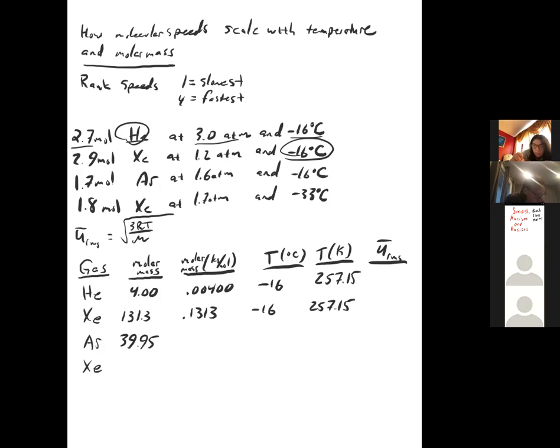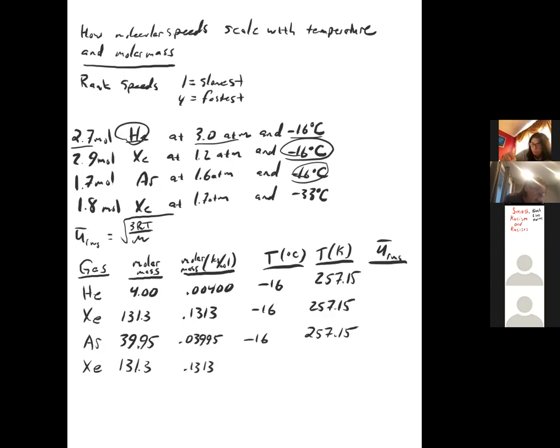So if you move it 3 places, you get 0.03995. This one's also at -16. So again, that's 257.15. So 3 of them are at the same temperature, so you don't have to do a lot of conversions of temperature, just one of them. And then the last one, the xenon, again, xenon's 131.3.